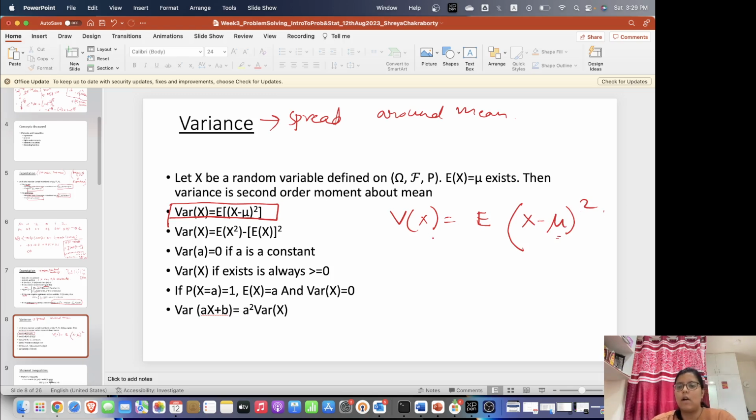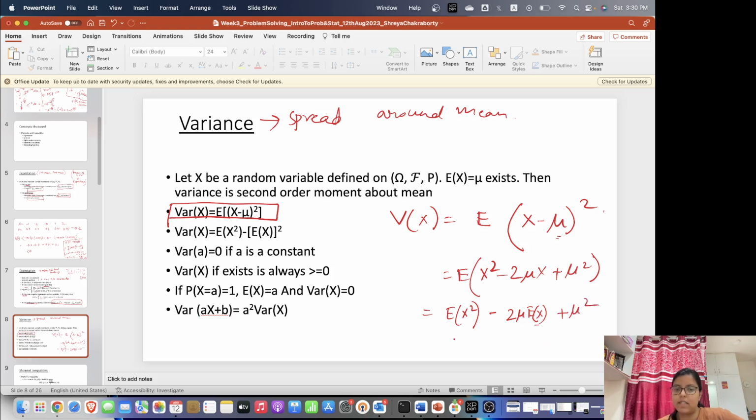Now from here we can come here directly by using the properties of expectation. So here we have x square minus 2 mu x plus mu square. This can be written as expectation of x square minus 2 mu expectation of x plus mu square.